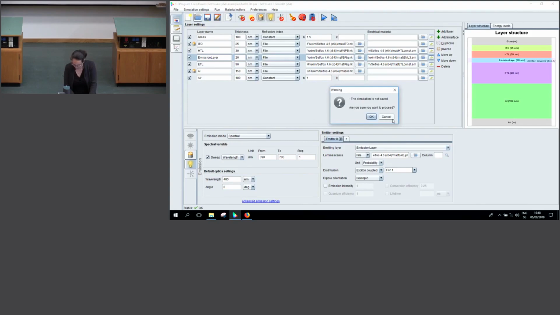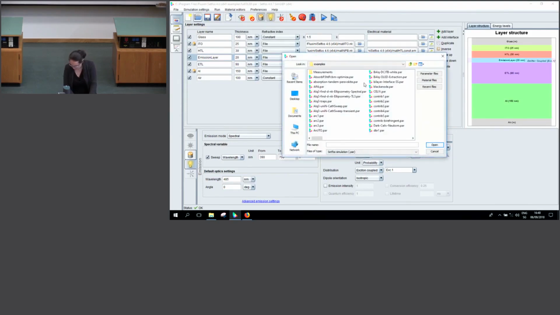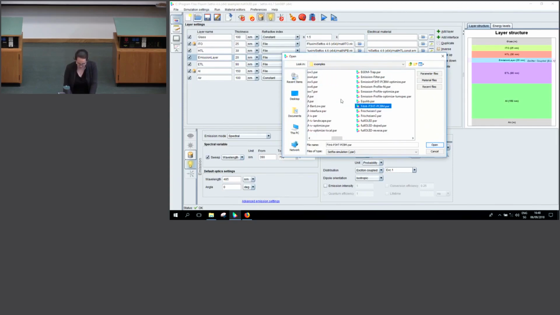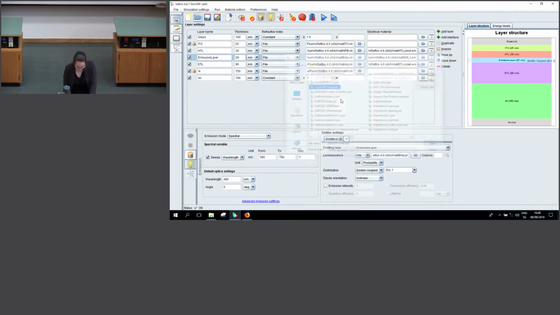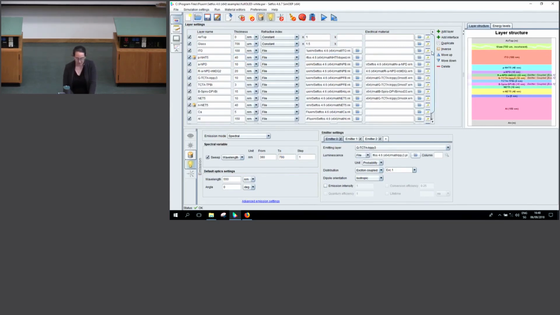The next one would be a multi-layer OLED. So this one is called full OLED white. So you see all the names that start with full or electro-optically coupled. You see that we have a lot of layers here now. And we have actually not only one emitter, but we have 3 emitters. So we have one in the TCTA layer, one in MPB, and one in Spiro.